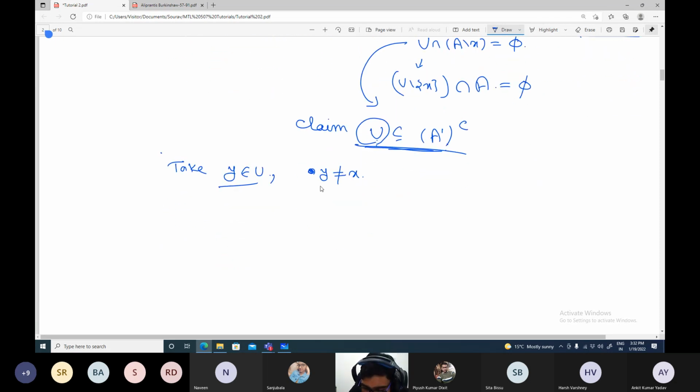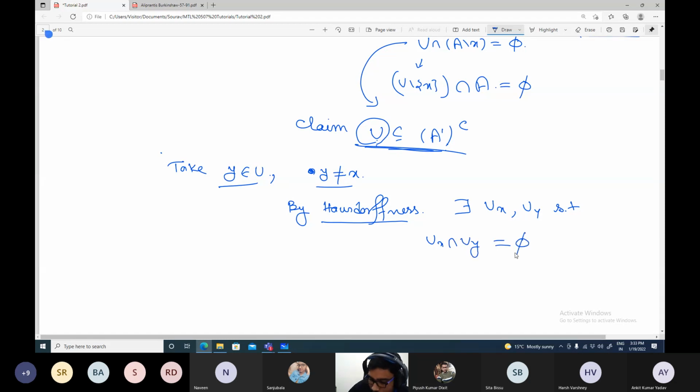Then what can we say by Hausdorffness? There exist two open sets UX and UY, containing X and Y respectively, so that UX intersection UY is empty. Make sure you give the complete statement.